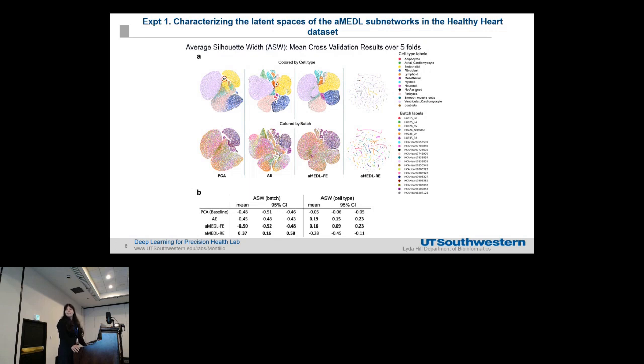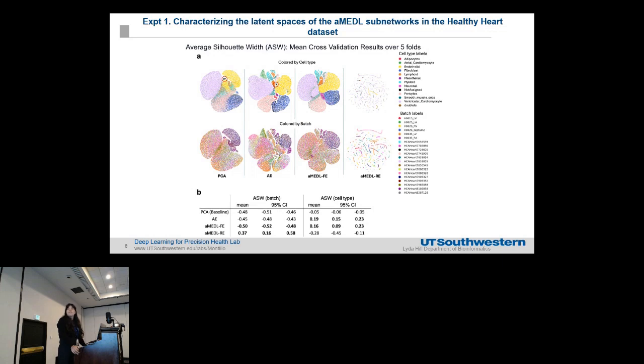We can also see that the UMAPs agree with the average silhouette score for both the random effects, which is now positive in the batch section, and in the fixed effects, which is more negative for the batch section as well.